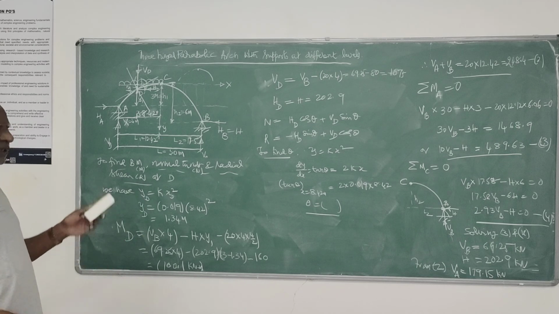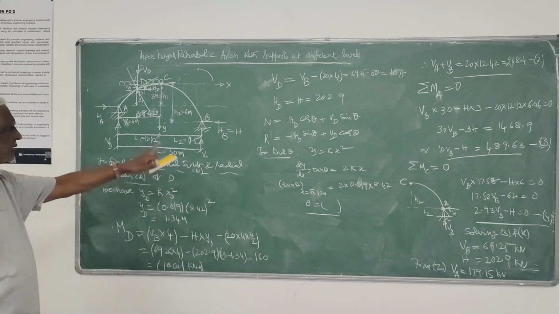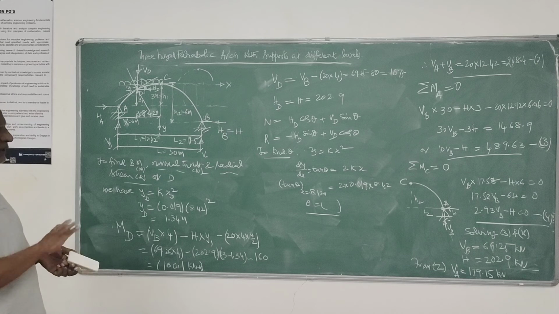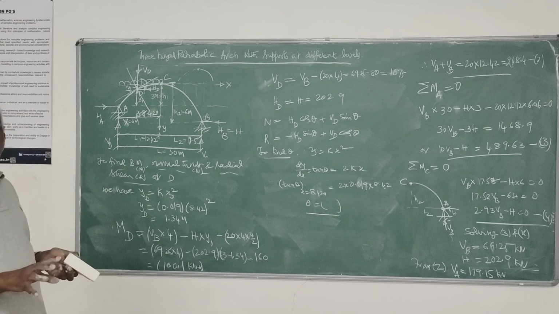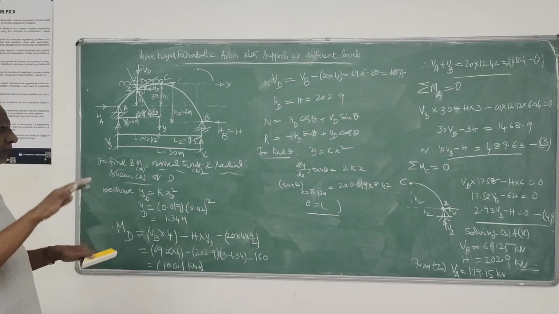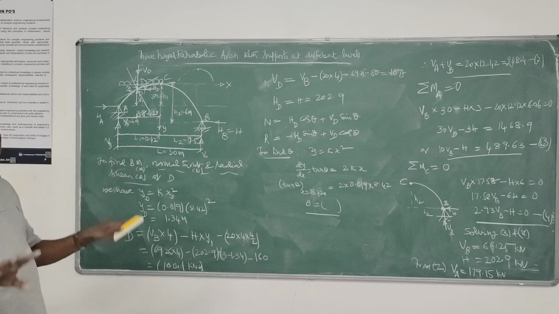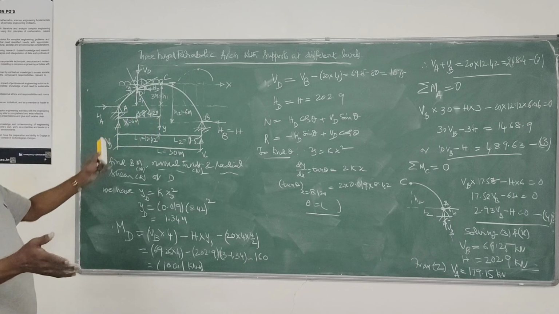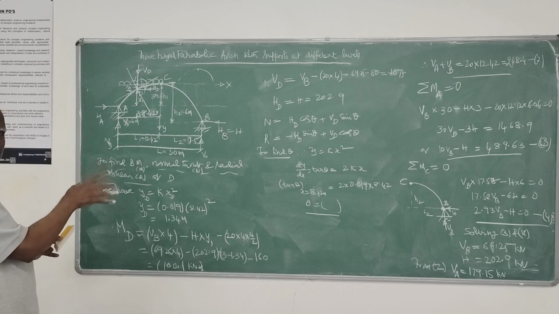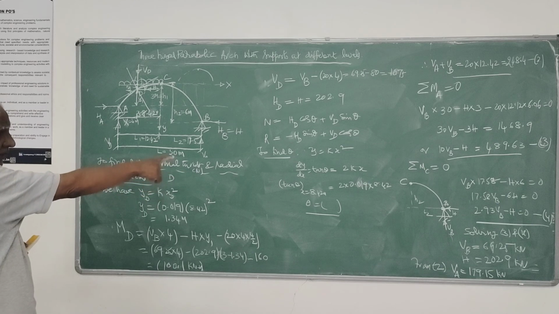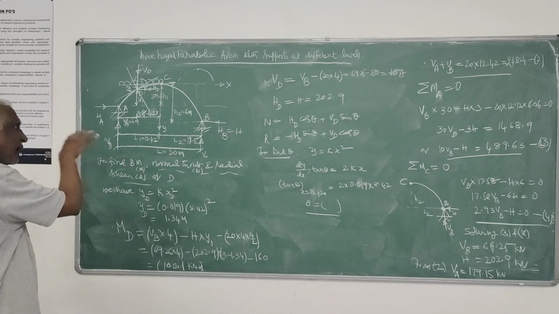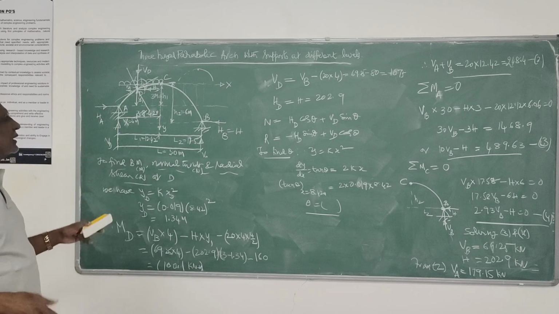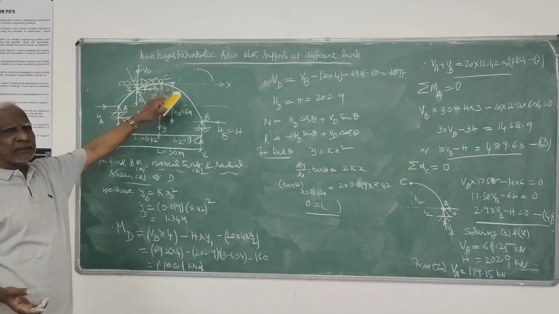That is the problem. Even at different levels, only this small change is there that you have to take care of. So this is about the analysis of a three hinged arch whose supports are at the same level or different levels. For different levels, you have to work out L1, L2, and if they are of the same value, you can have the same value of K. If L1, L2, H1 and the rest are all given, then you can use two parabolas separately.